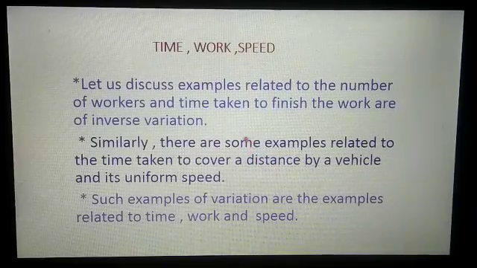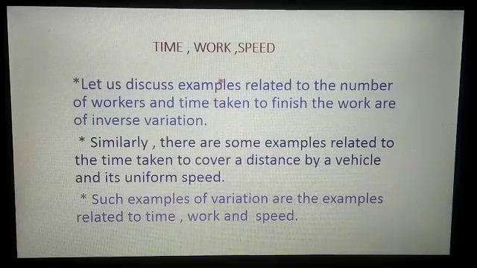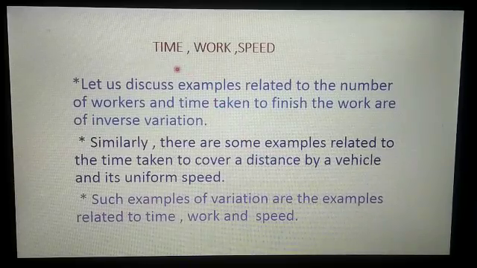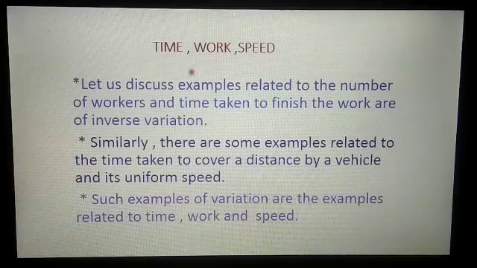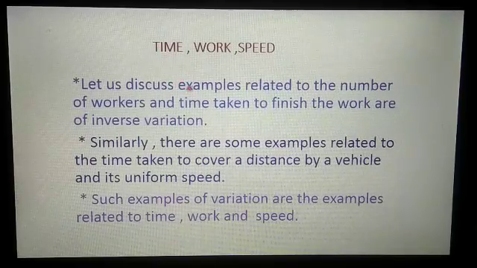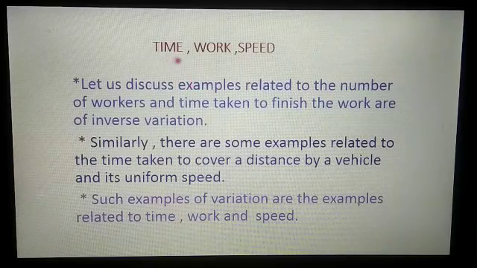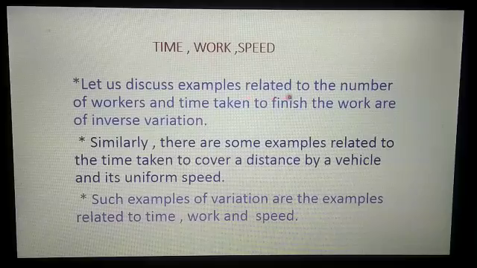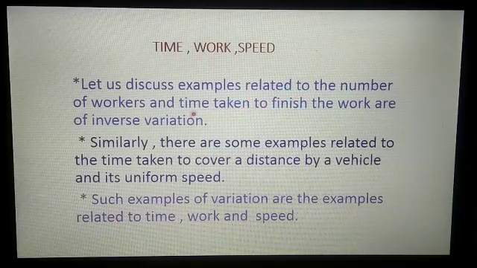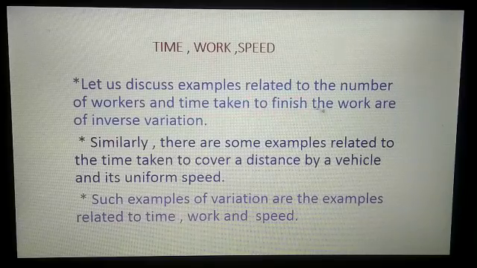This is the last topic of this chapter, and it is very important, children, as direct and inverse variation is also important. In the same way, time, work and speed is also very important. So what type of examples do we include in time, work and speed? Let us discuss some examples which are related to the number of workers and the time taken to finish the work.